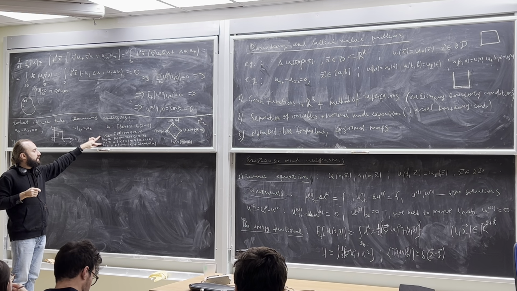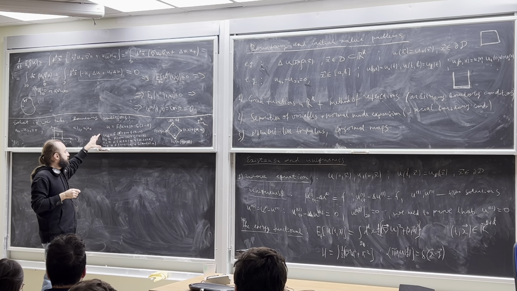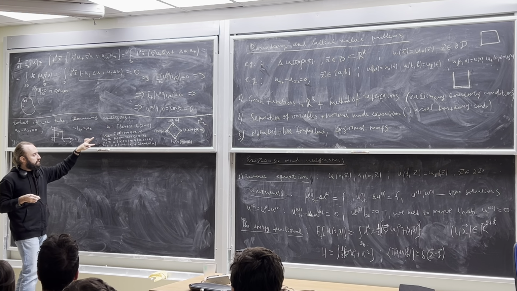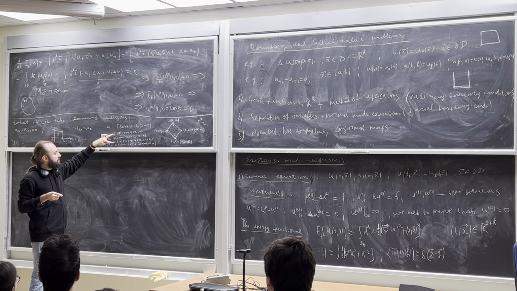Now let us try to take the following combination of these functions. We want to get some linear dependence of these four. Let us try to construct this. We definitely need to cancel these terms, so it should be u1 minus u3.